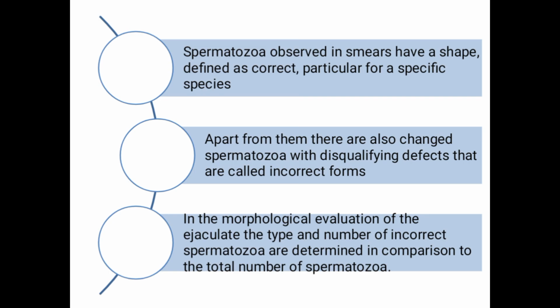Spermatozoa observed in animals have a shape defined as correct for a particular species. Apart from them, there are also changed spermatozoa with disqualifying defects that are called incorrect forms. In the morphological evaluation of the ejaculate, the type and number of incorrect spermatozoa are determined in comparison to the total number of spermatozoa.